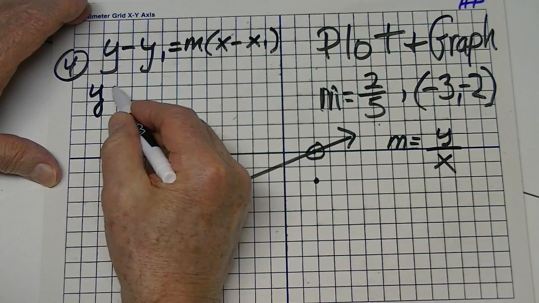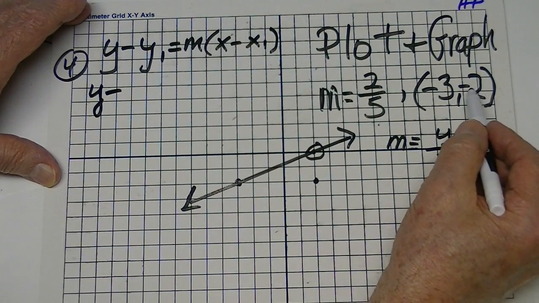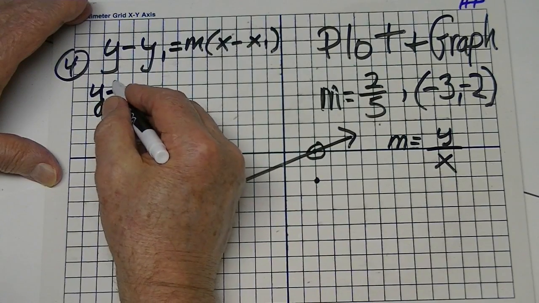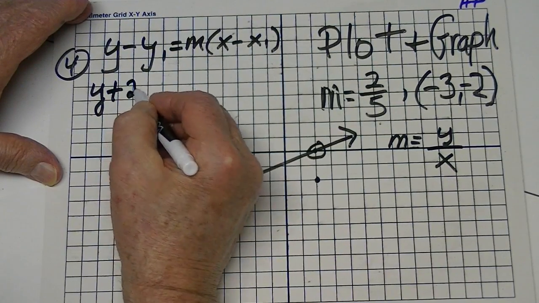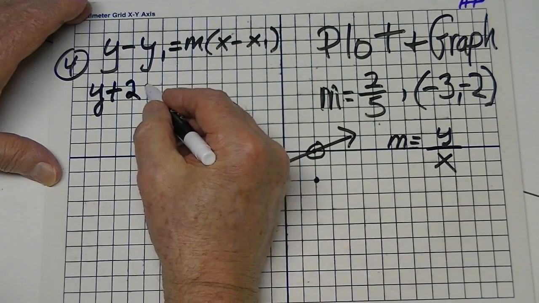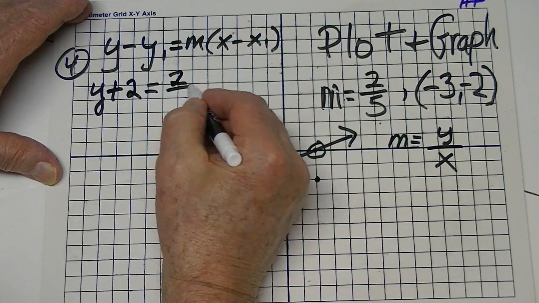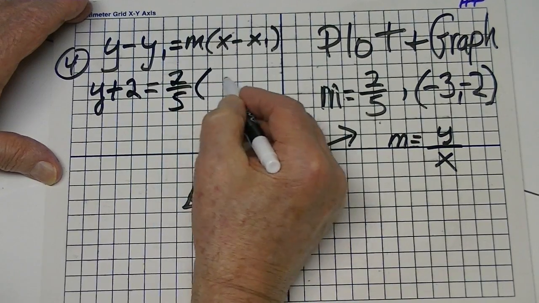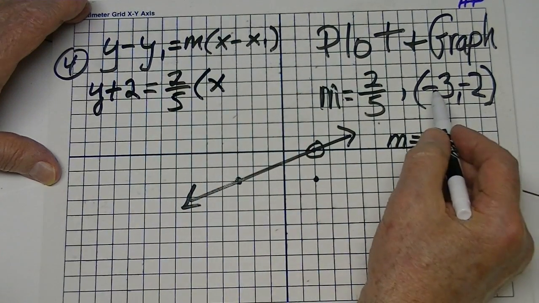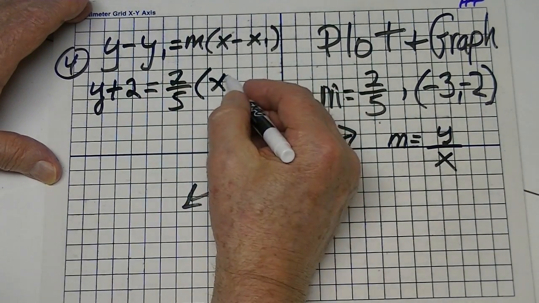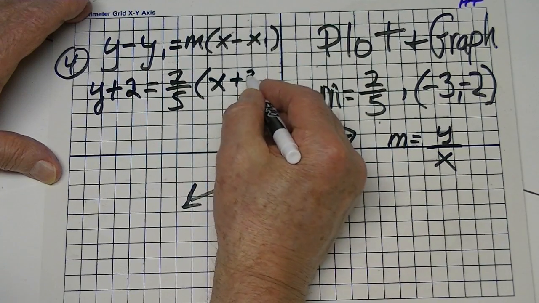So we have y minus a minus 2, which will give us a plus 2, equals our slope, which is 2/5, times x, and this is a minus 3, so minus a minus 3 makes it a plus 3.